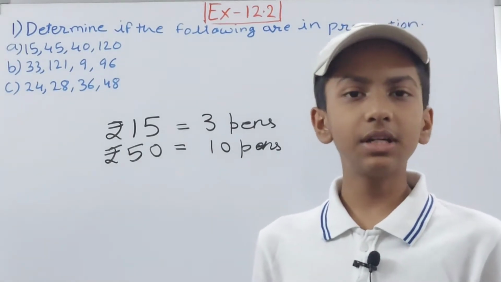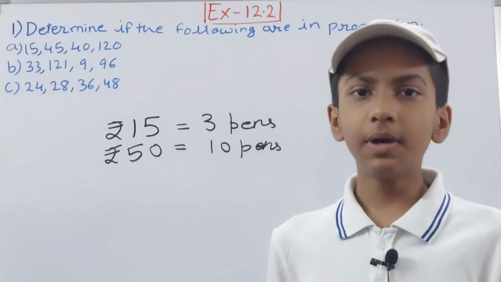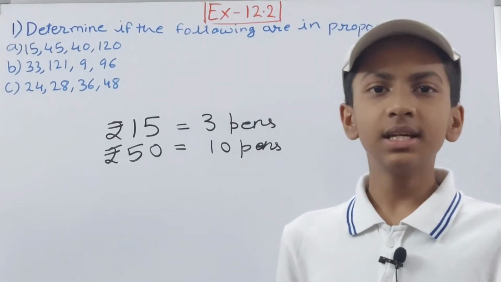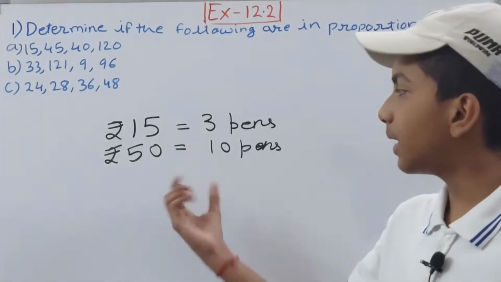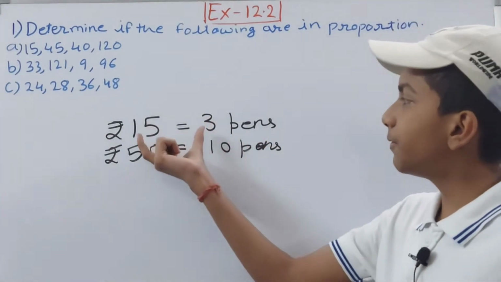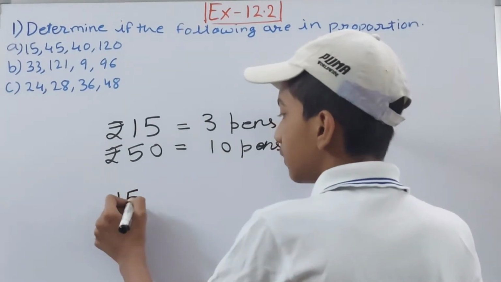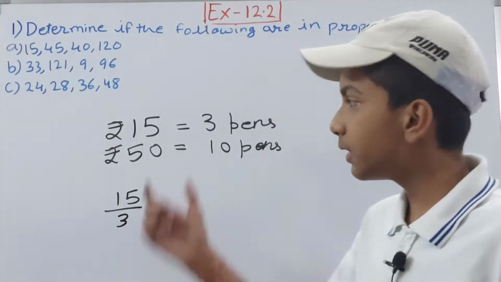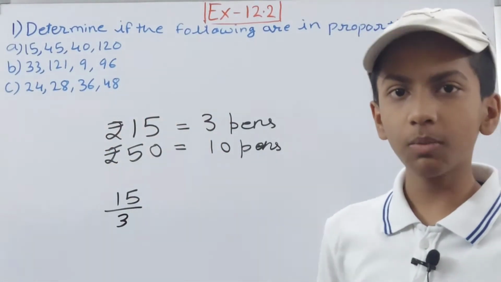Now how can we identify in this? See, what is the proportion? That means when two quantities have the same ratio, then we can say that two of them have the same ratio. How? See here, for the first one, he has bought 3 pens for 15 rupees. So we will first make the ratio of the number of rupees to the number of pens bought by the boy.